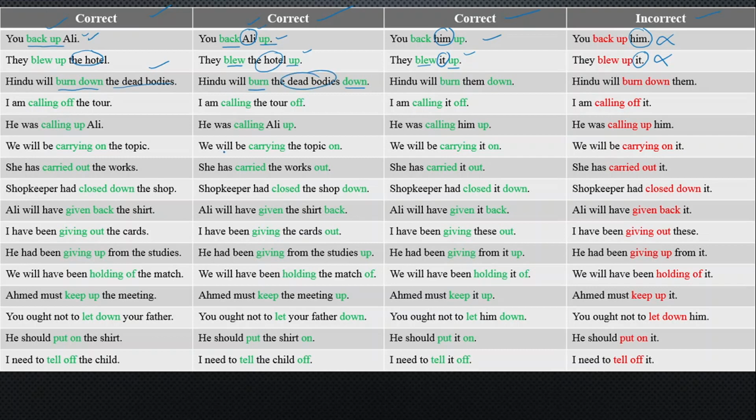But instead of dead bodies, we use the pronoun them, because they are the object. Hindus will burn them down. It is correct because when it is a pronoun, it must be separated. But if you don't separate it, it is wrong: Hindus will burn down them. That is wrong. Clear? Because your object is them, and the verb and adverb particle must be separated.